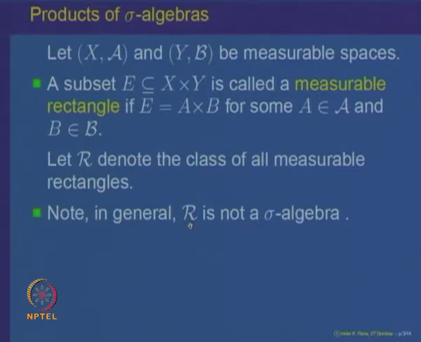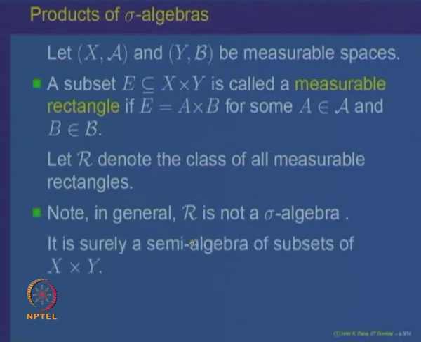In fact, it need not even be an algebra. But surely, A and B being sigma algebras, they are also semi algebras, and then we had shown that the rectangles, sets of the type A cross B, surely form a semi algebra. So, the set of all measurable rectangles surely forms a semi algebra of subsets of X cross Y.